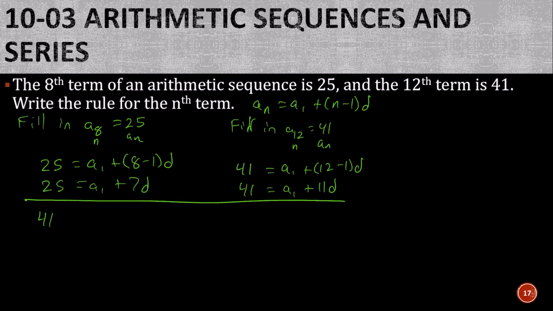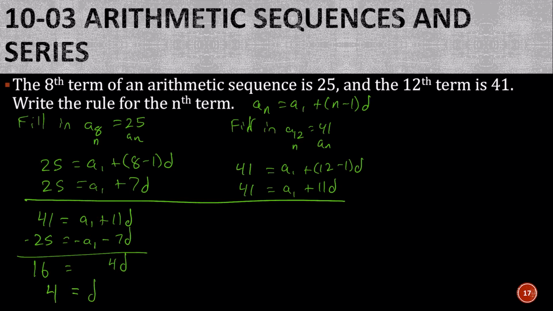Maybe I'll multiply the one that's 25 by a negative 1 and add these so I have elimination. So I end up with 16 equals, well, the a_1's add to nothing, 4d. So d is 4 again. d is not always 4, it just happens to be in these problems.